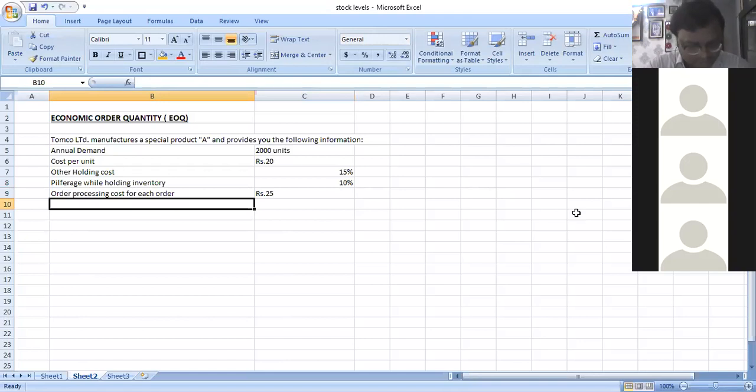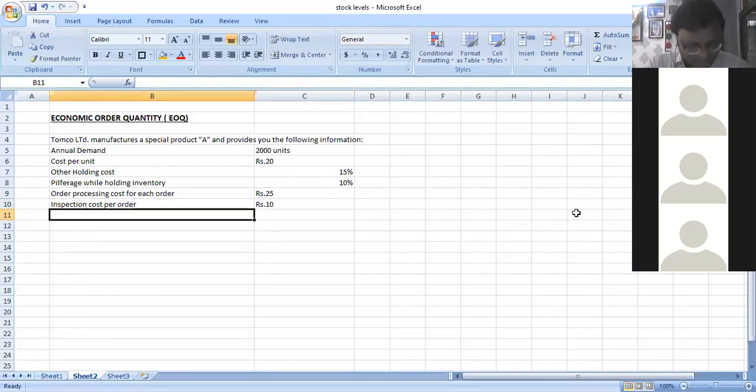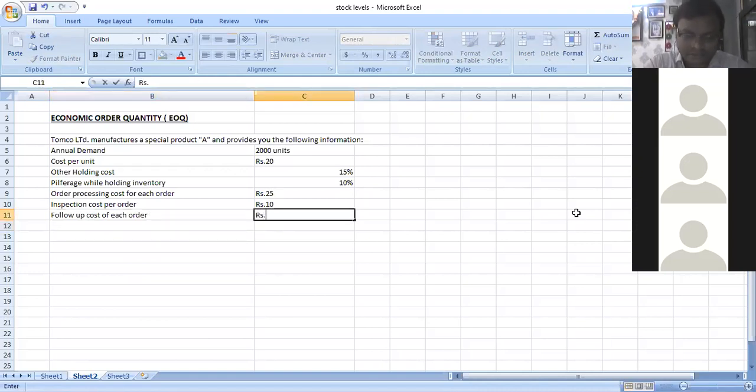Then, student, inspection cost per order, rupees 10. Then, student, follow-up cost. Each order follow-up cost, that is rupees.